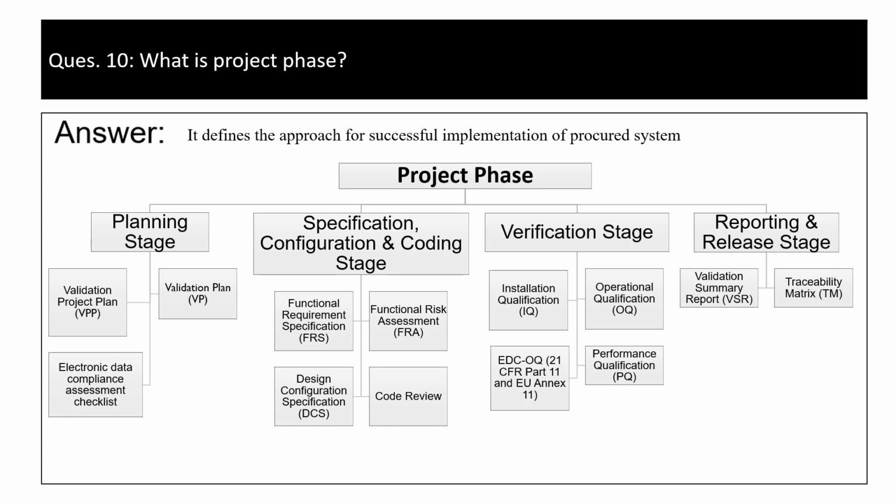It includes functional requirement specification, functional risk assessment, design configuration specification and code review. Third is the verification stage. It includes installation qualification, operation qualification, performance qualification and ADC OQ. Fourth is the reporting and release stage. It includes the validation summary report and traceability matrix.